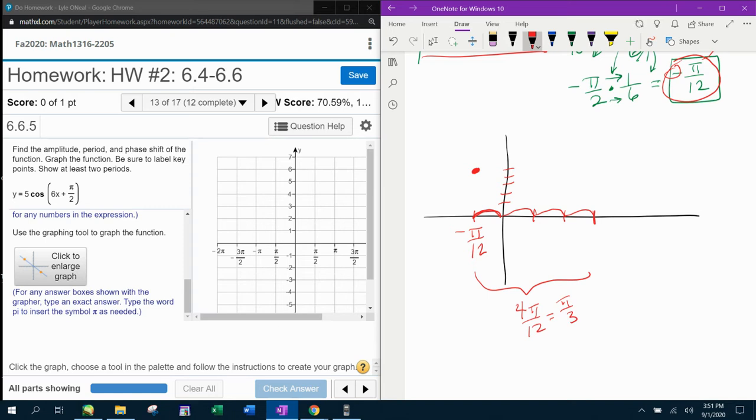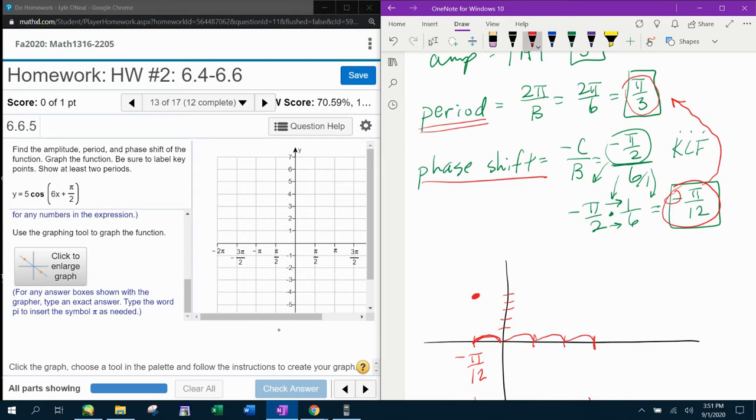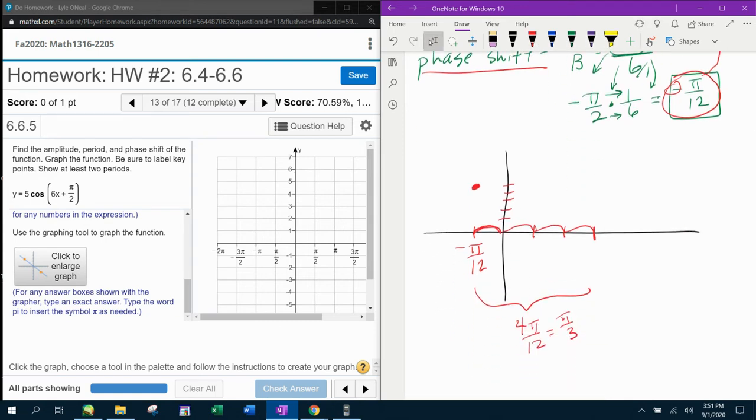And I don't know if you noticed or not, but what I've done is I've counted from where my graph is going to start to where it's going to finish, because I know the wavelength has to be pi over 3. And so if I go 4/12, that's going to get me 1 period. That's a pi over 3. And remember, you always finish where you start. So if I start up at 5, I'm going to finish up at 5.